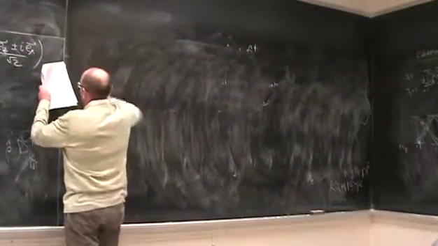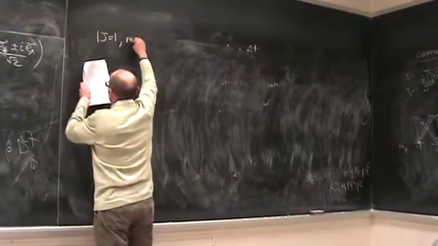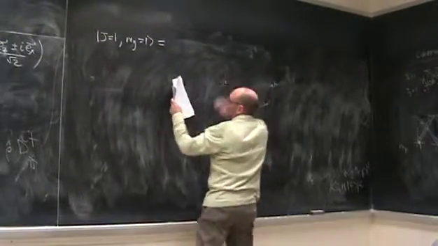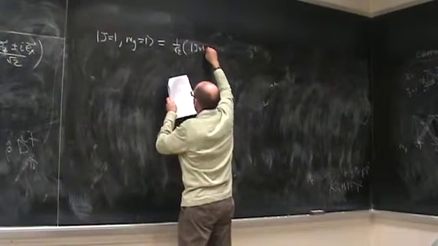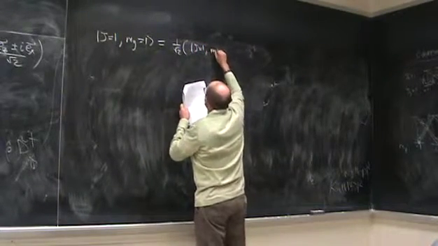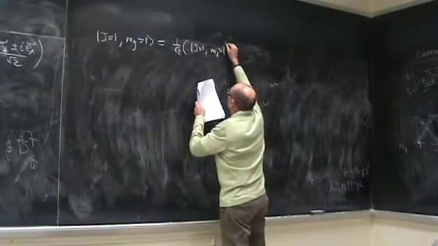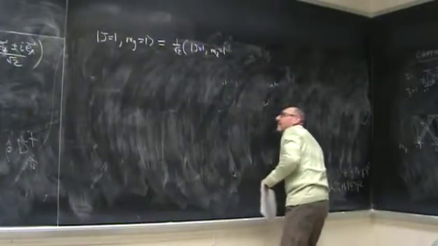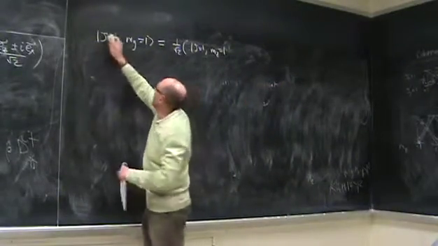So let me write a little. All of these are for j equals 1, so I don't want to have to write down j equals 1.